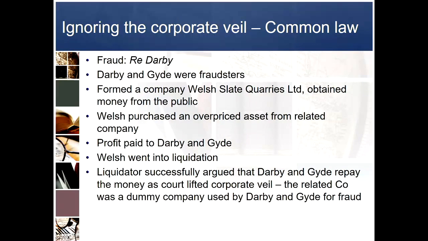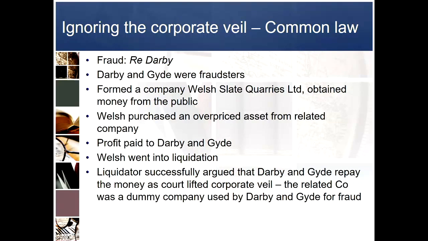Now let's have a look at the case of Re Derby. Now I will just draw it up just because the facts may be a little bit confusing. So we've got this company, the Welsh Slate Quarry Company. The directors of this company were Derby and Mr. Guide.